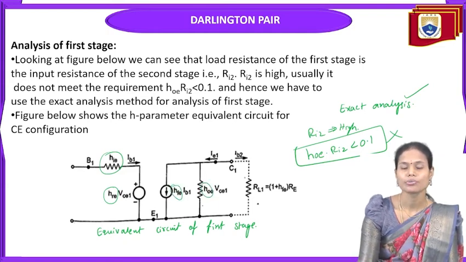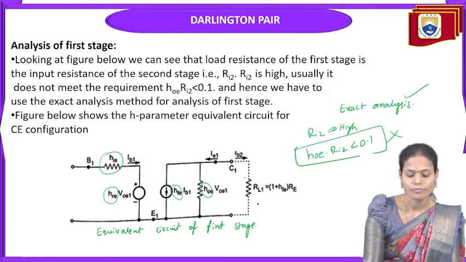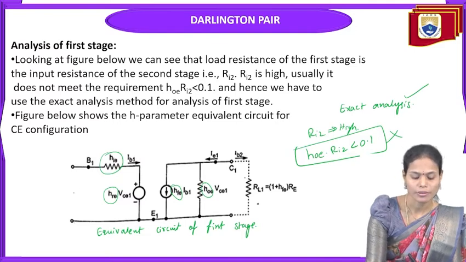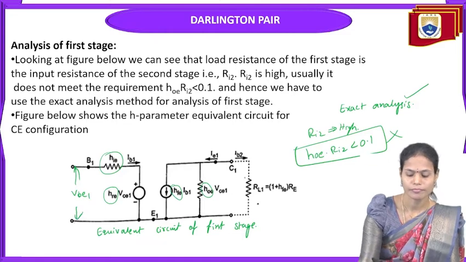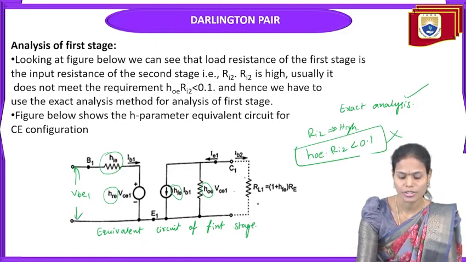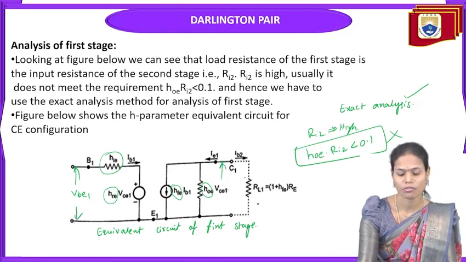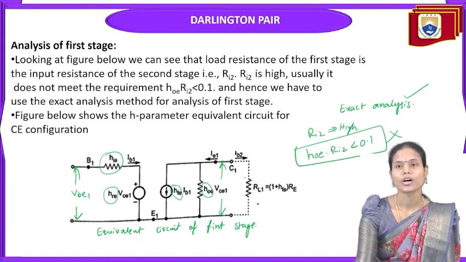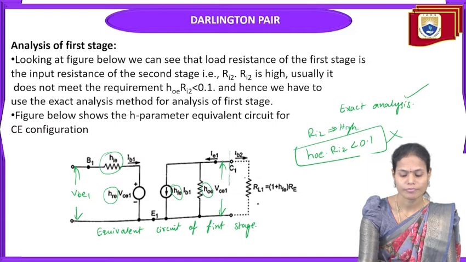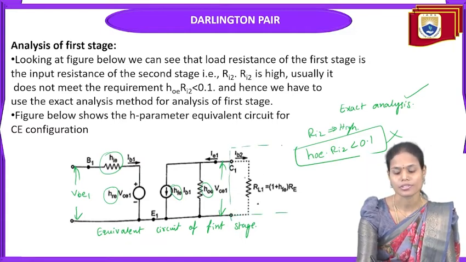Along with this, we need to include all the voltages and currents flowing in the first stage. The input current is IB1, the input voltage is VBE1, the output voltage is VCE1, as we have already mentioned, and the output current is the emitter current IE1. So this is the first stage, and from here again it will be the second stage.